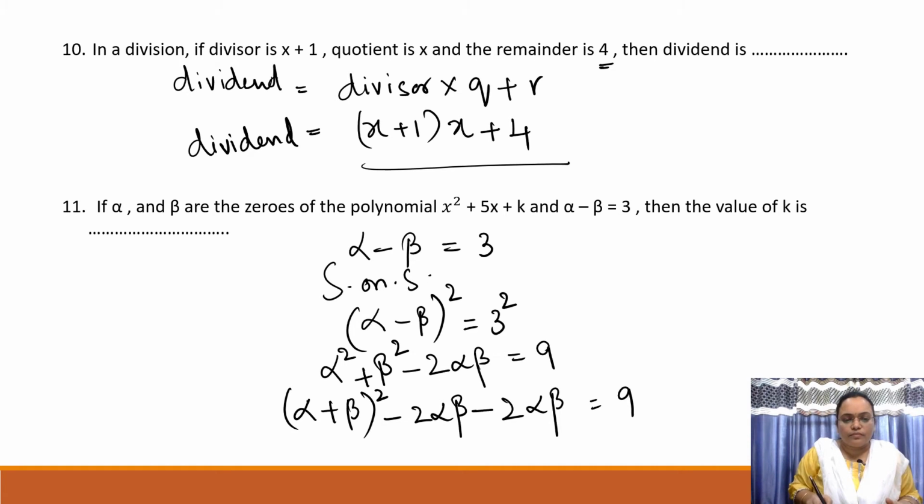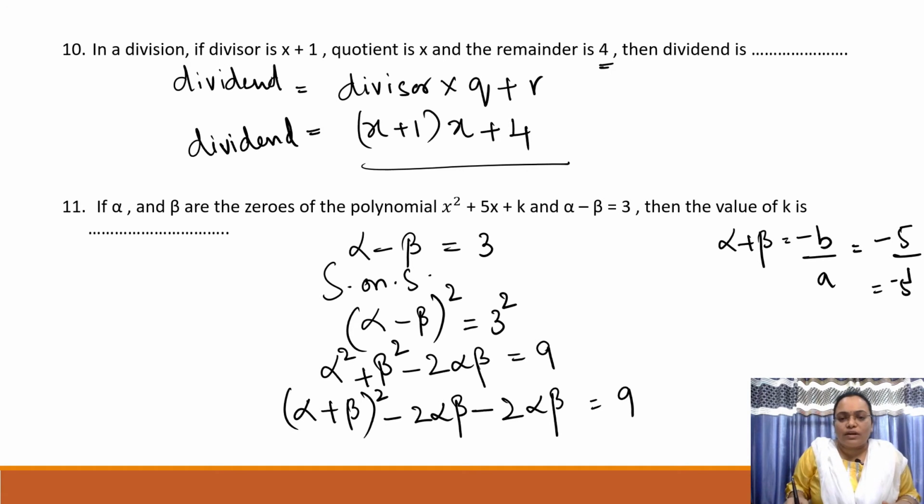From the given polynomial, what is alpha plus beta? Alpha plus beta is minus b by a. What is b here? B is 5, and a is 1. So it is minus 5 by 1, which is minus 5 only.